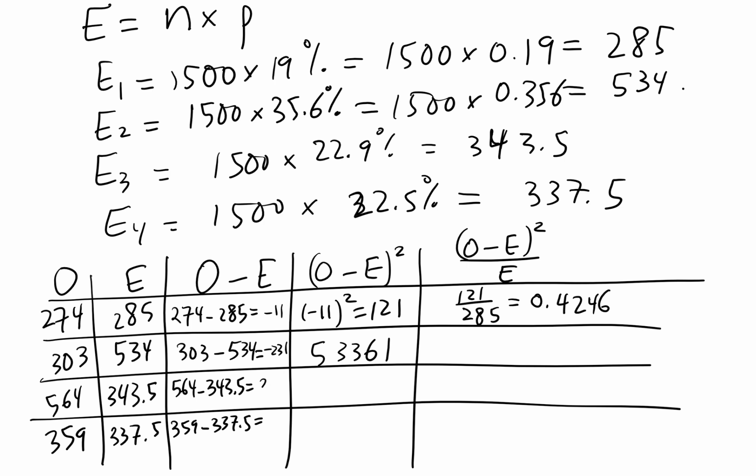For the next one, we get 220.5, and squared that is 48620.25. This is 21.5, and when you square it, you get 462.25. Then you do the division, squaring and dividing by the expected value.